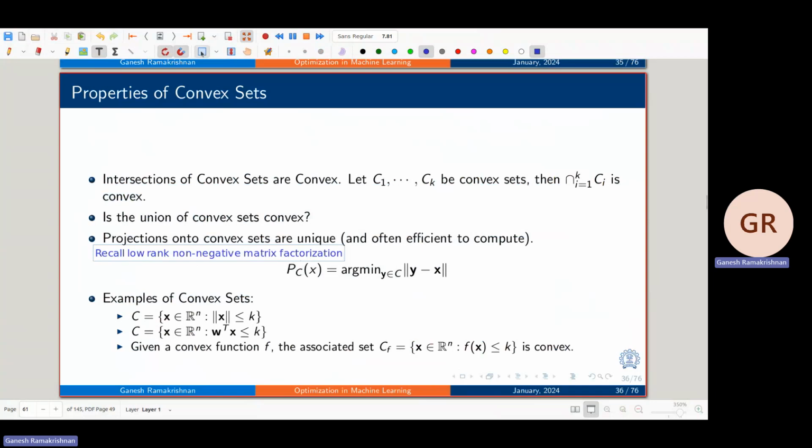So in this case, I had to project into what set? Greater than or equal to 0. Right? I wanted to ensure that every component of L and R is, say, greater than or equal to 0.